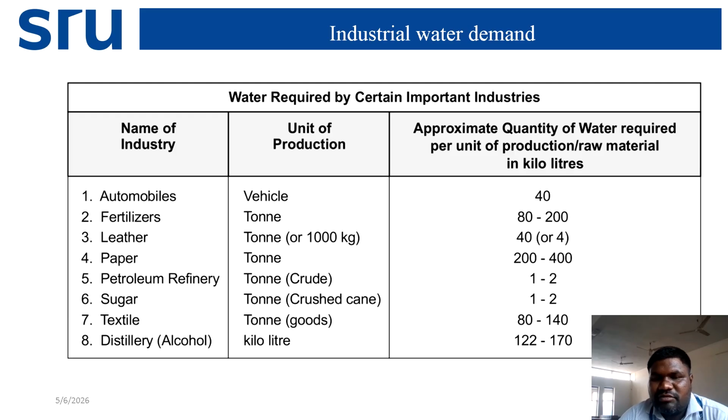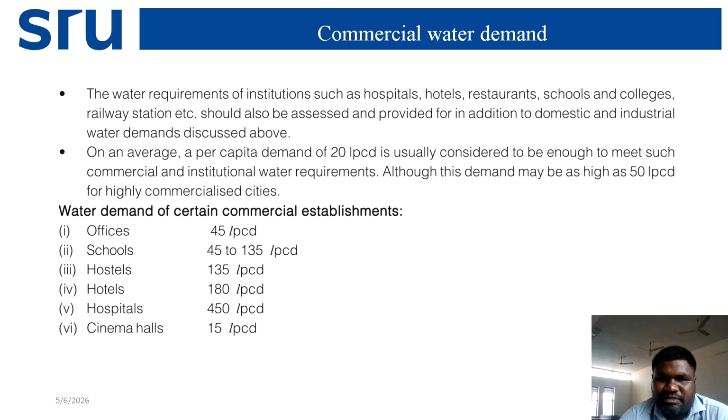For distillery alcohol preparation, 1 kiloliter of alcohol requires 120 to 170 kiloliters of water. So based on the industry, the quantity of water varies. For a domestic purpose it is on average 135 liters per day.